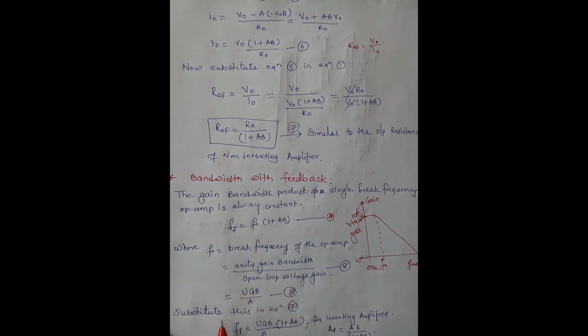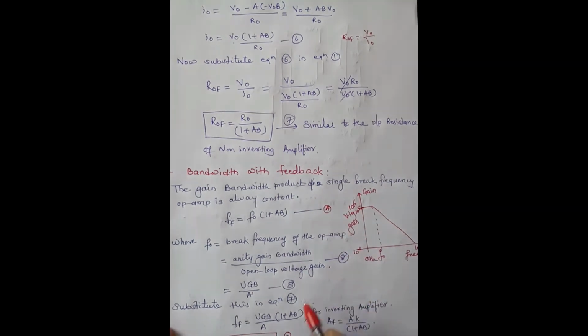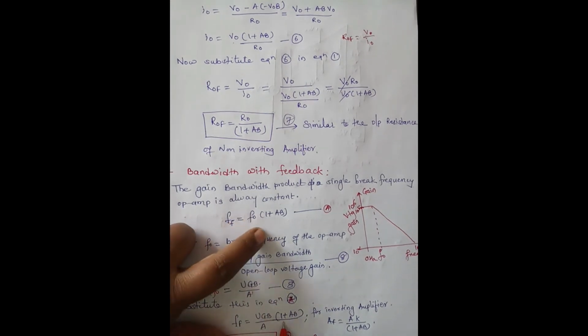When we substitute this into the equation here, FF, what is F0? F0 is equal to UGB by A. So FF is UGB by A into 1 plus AB. This is for the inverting amplifier. Now for the inverting amplifier, we have gain with feedback as A into K by 1 plus AB.